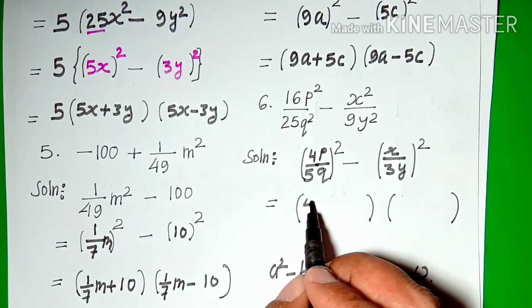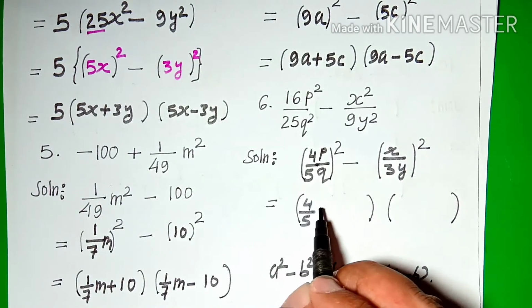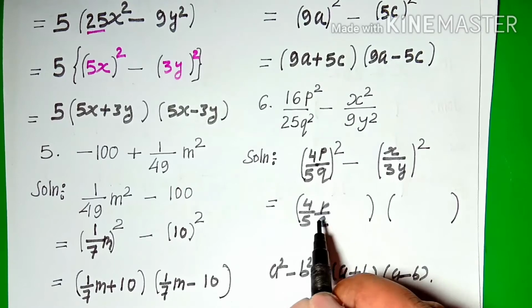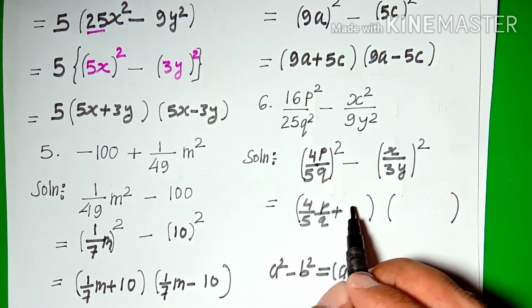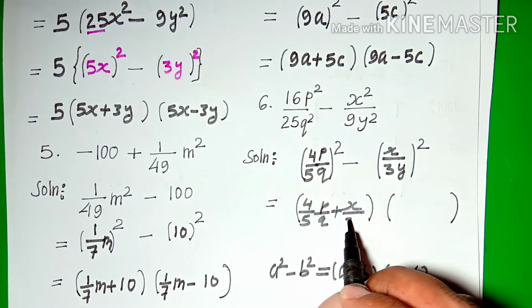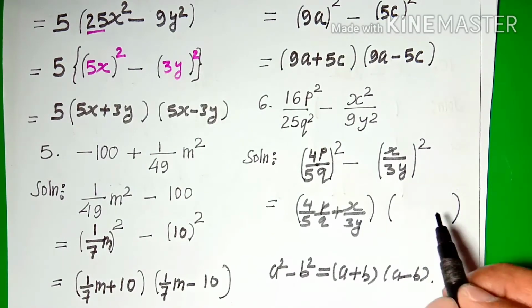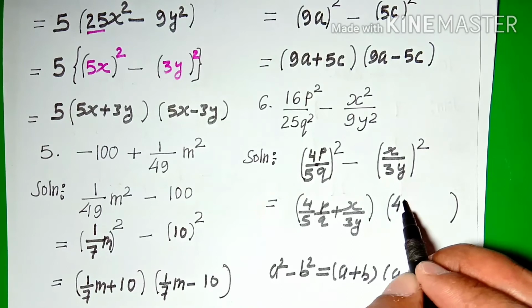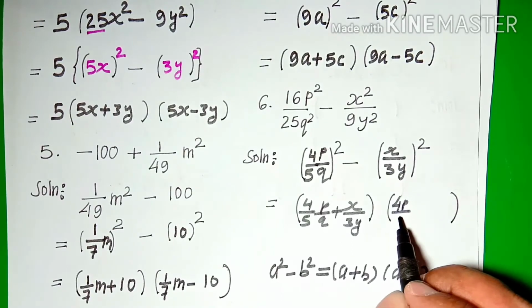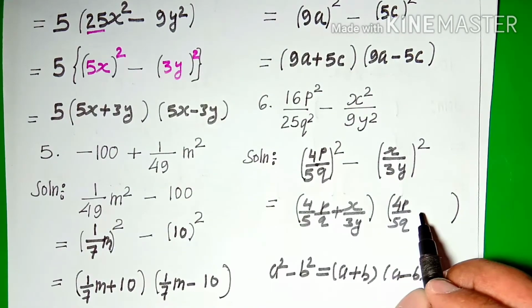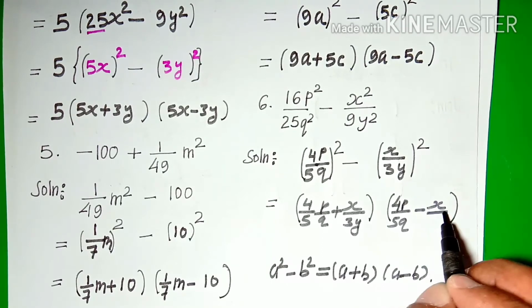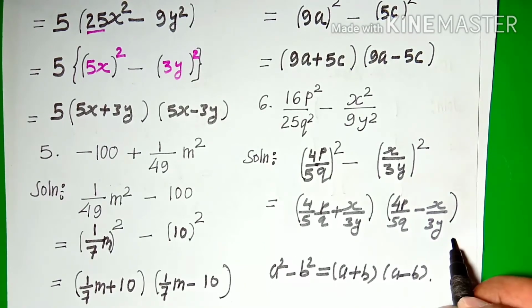First we take 4 by 5 p upon q, that is a, plus b will be x upon 3y. Now next a minus b: a we have 4p by 5q, minus b means x upon 3y.